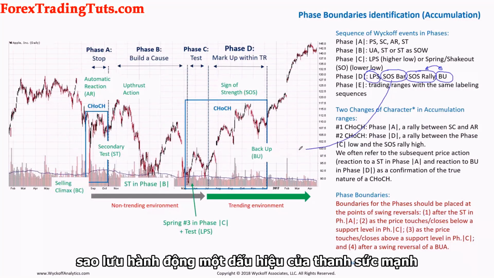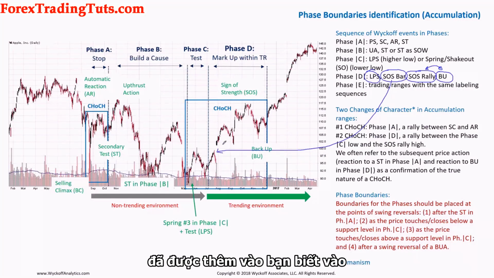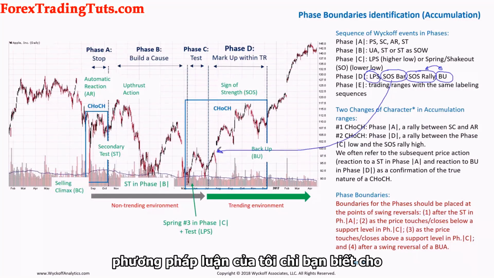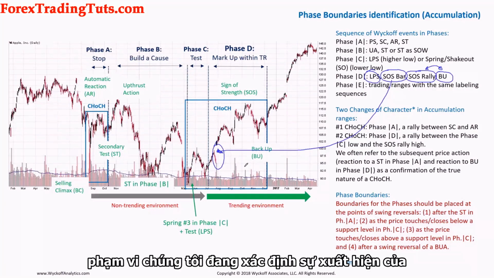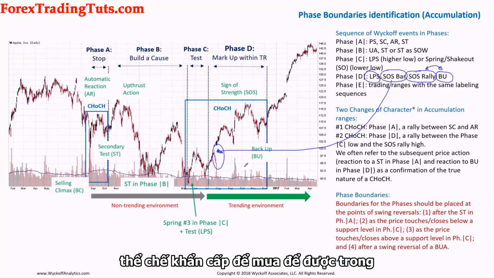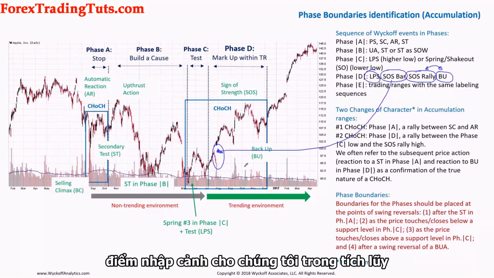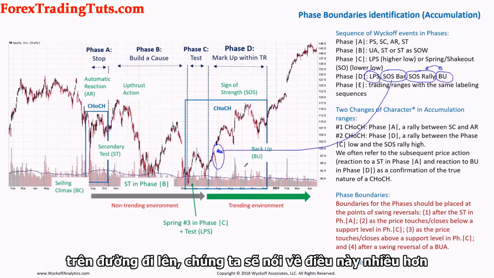A sign of strength bar has been added to the methodology by me, just for the class purposes. This is the spot where, in the middle of the range, we're identifying the emergence of institutional urgency to buy, to be in this position, and this is one of the points of entry for us in accumulation on the way up. We'll talk about this more.